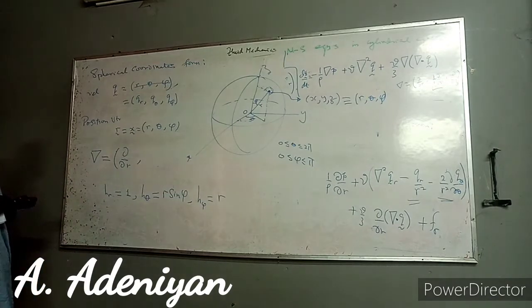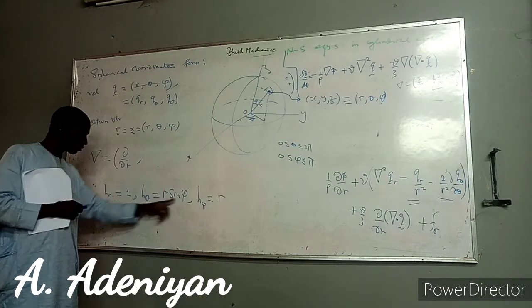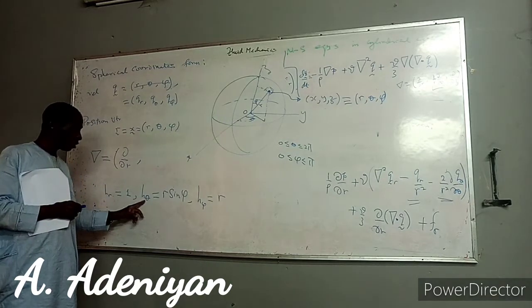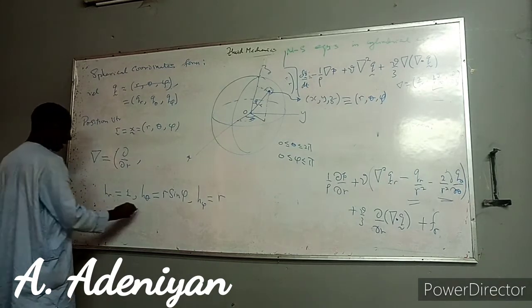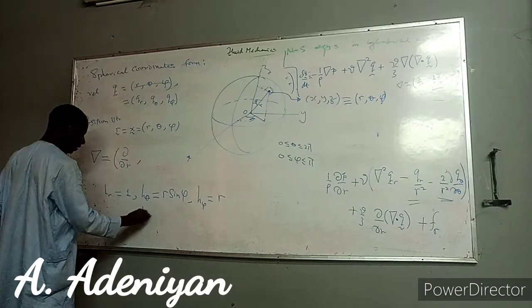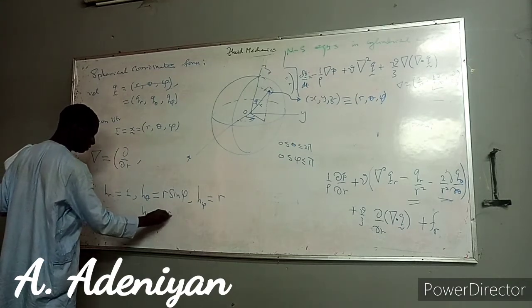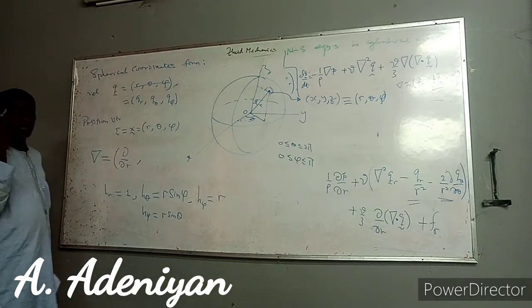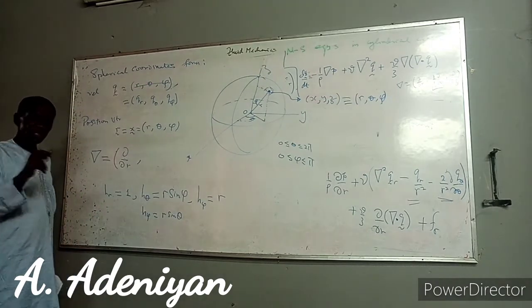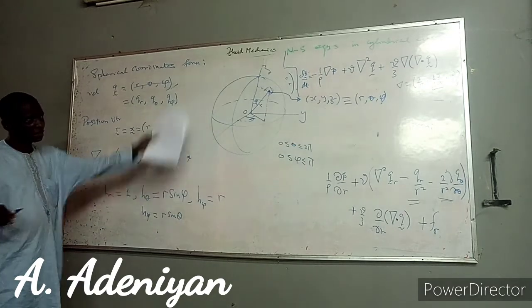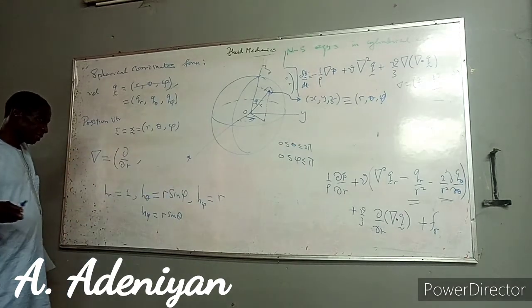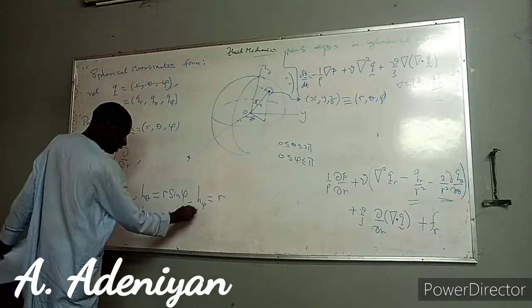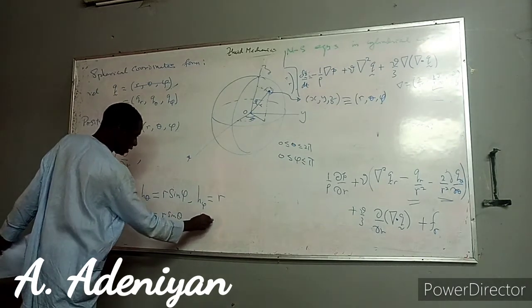I have told you, usually this does not agree with this. If in some textbook they write this one as h_phi, they will now say sin theta. Take note of that. Don't condemn the book. They didn't make a mistake. It is just the perspective you are looking at it from. Then they will change this one to h_theta equal to r.